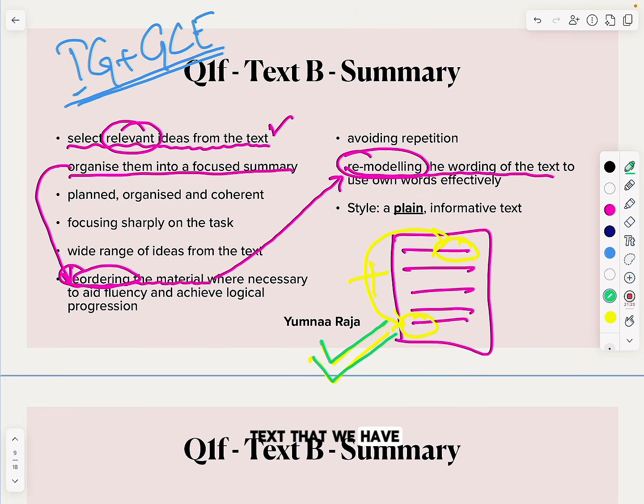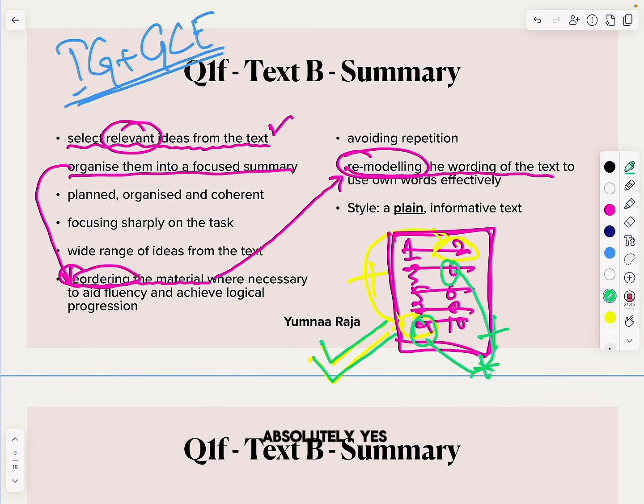If this is the text and the points are in a specific order, 1, 2, 3, 4, 5, 6, 7, 8, 9, 10, am I allowed to somehow merge point 4 with point 9 because they are relevant and they go together? Can I do that? Absolutely yes.